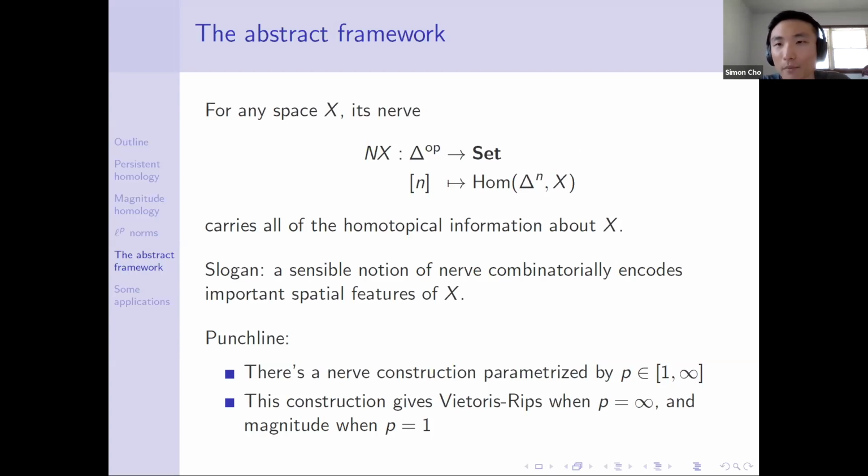So why should we care about the higher n like we do? Well, the nerve isn't just a way to encode important information about your space. It's also a way to organize that information in a way that lends itself to extracting nice features about the space, in this case, higher order distance interactions, right?